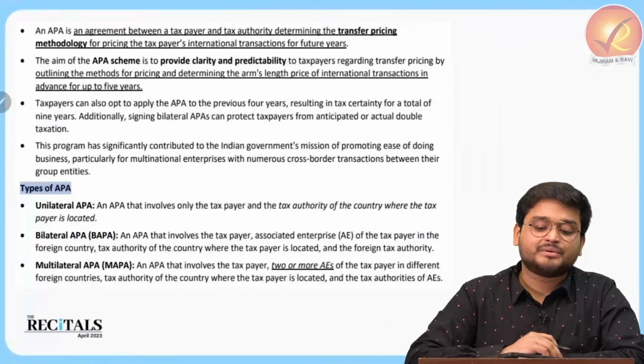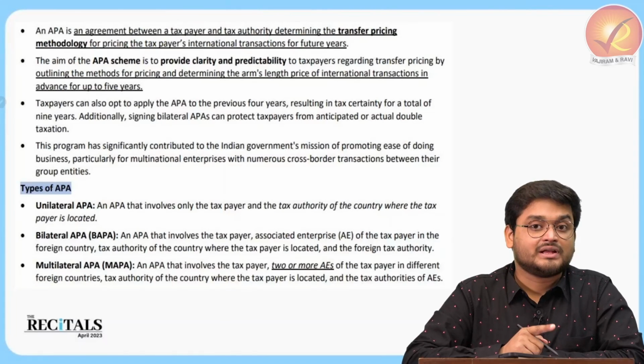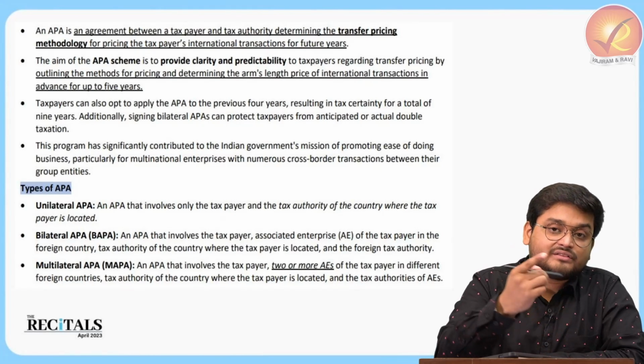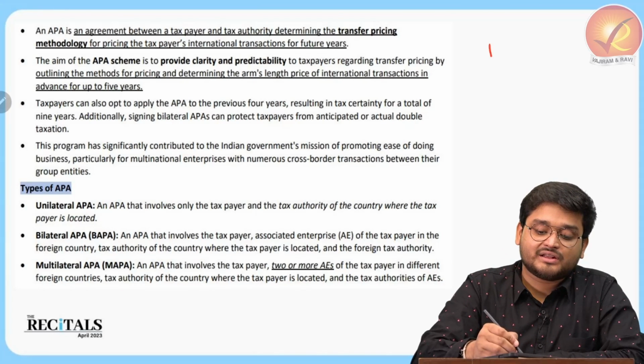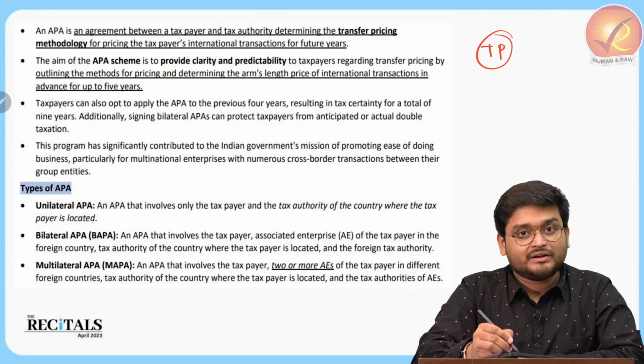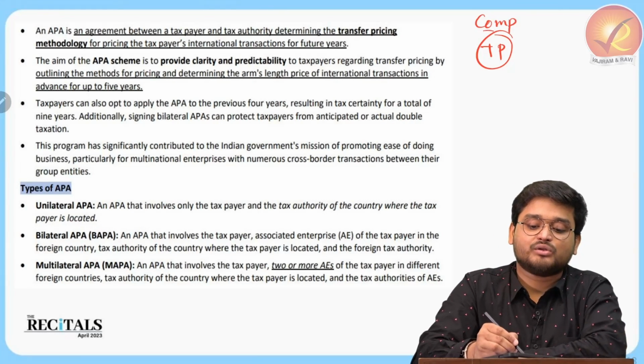So sometimes the government tells these companies that you enter into advance pricing agreements with me. That means there is a taxpayer, right? A taxpayer can be a company like Maruti Suzuki.